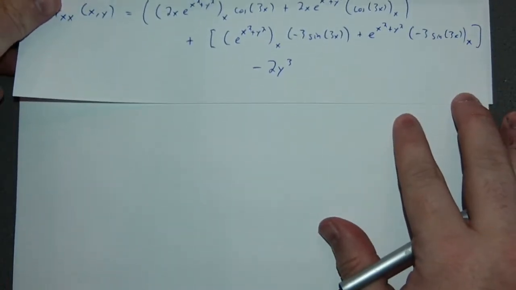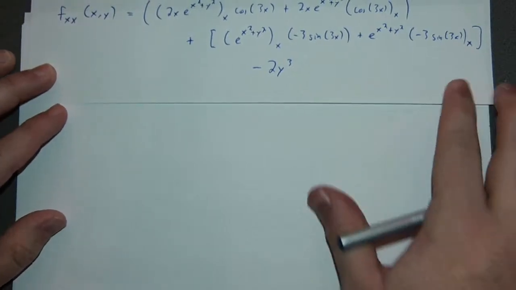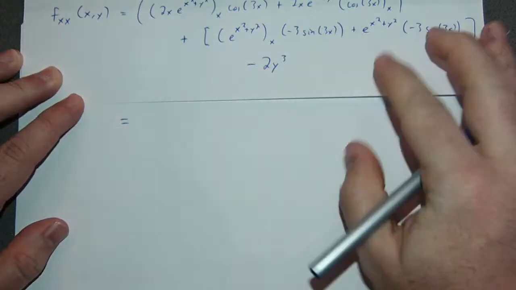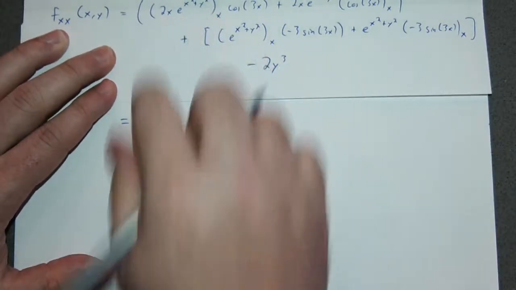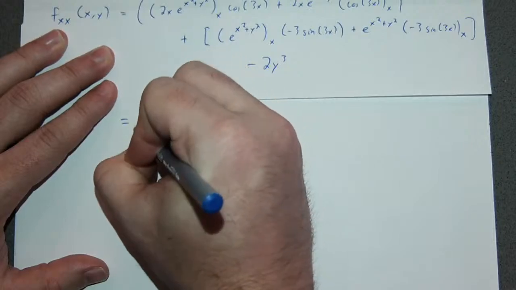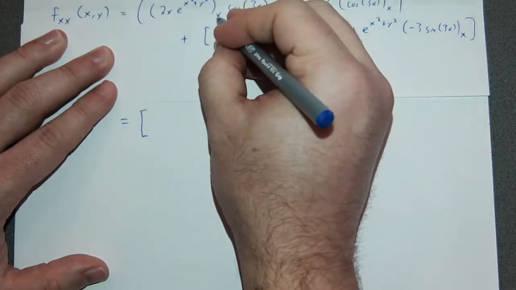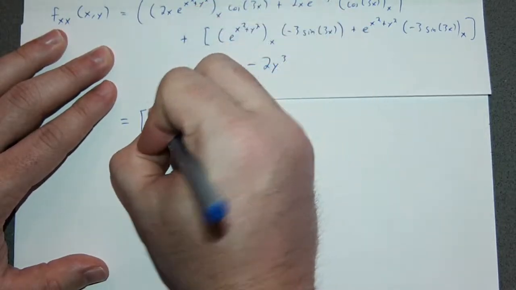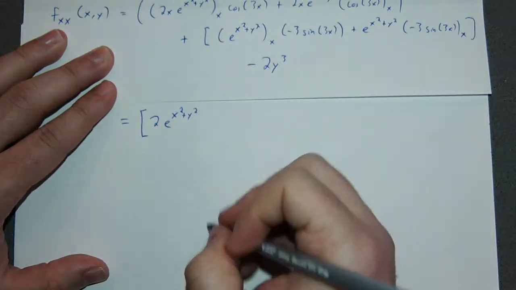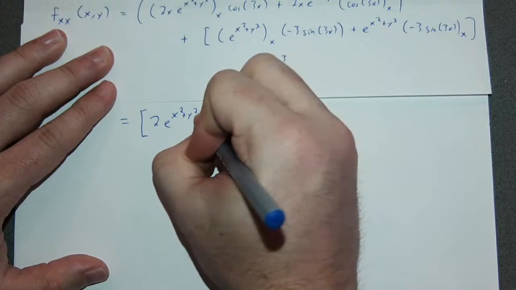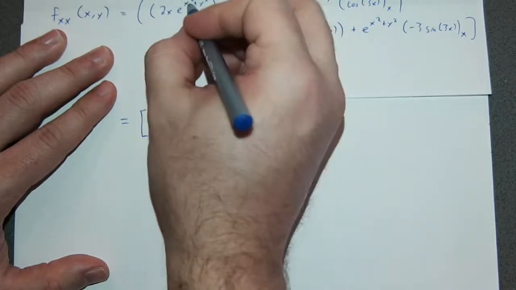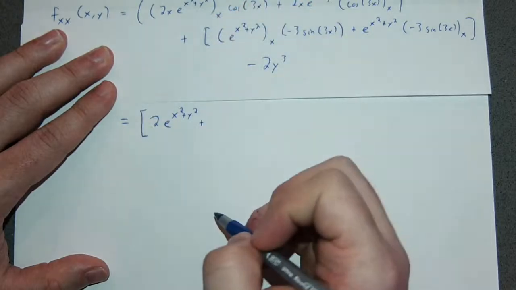Let me put this at the very top. So then, continuing on here, the x partial here is, and this is going to get nasty, 2 e to the x squared plus y squared, plus 2x times e to the x squared plus y squared times the derivative of x squared plus y squared with respect to x.